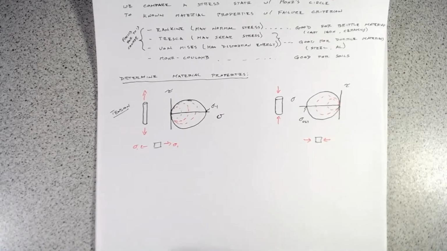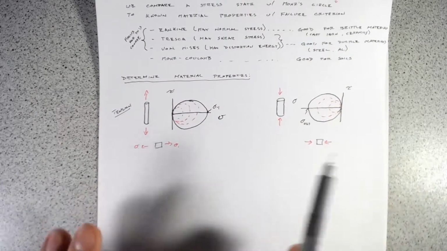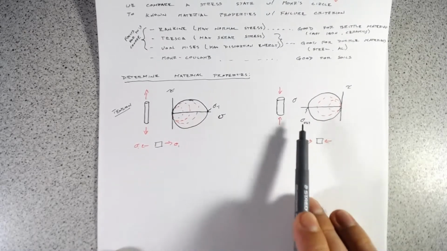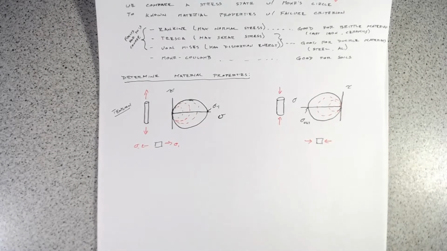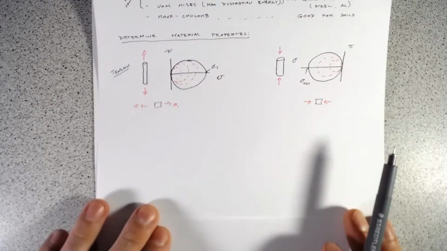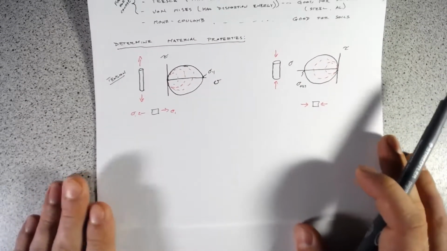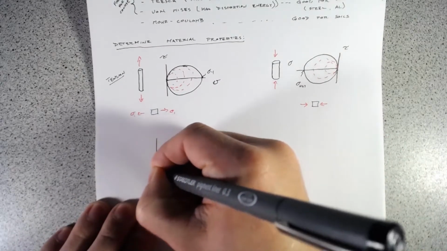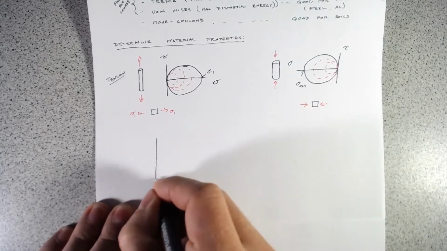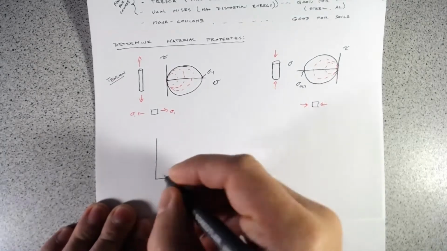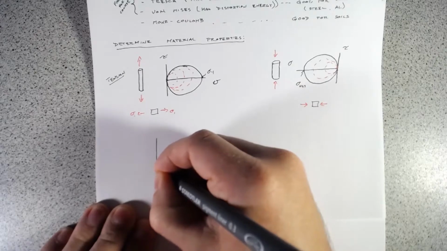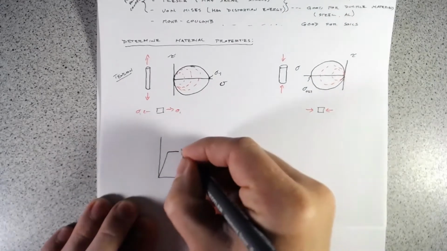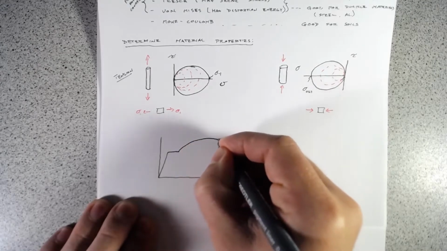So we do these tests, and I say we, I mean the collective profession will do these tests. So if you're using these failure criteria, what you do is you look up these material properties, sigma y or sigma ultimate, so the yield stress or the ultimate stress. And if we plot the stress strain curves for those, say we have a ductile material, it will yield, and then it'll have some, say, strain hardening.